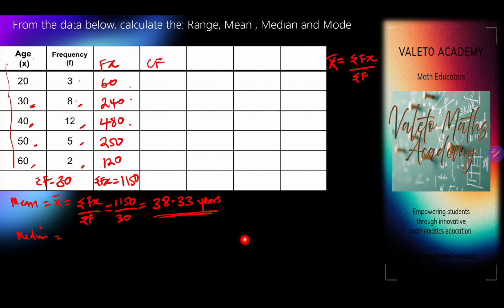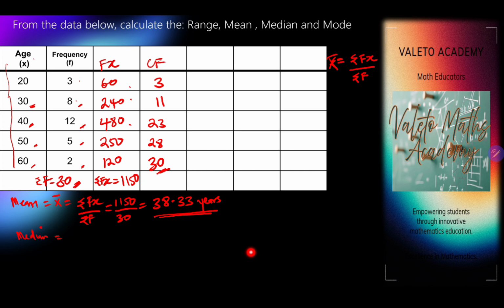This is got by adding the frequency cumulatively. The first one is 3. 3 plus 8 is 11. 11 plus 12 is 23. 23 plus 5 is 28. 28 plus 2 is 30. You must always get the same total as the frequency.